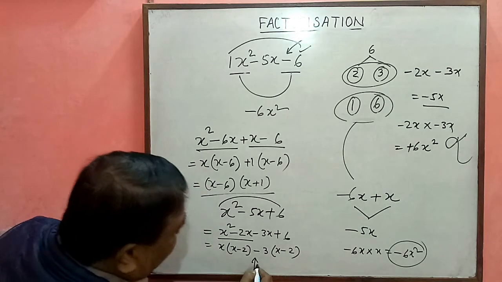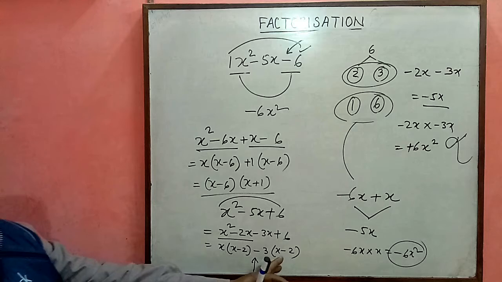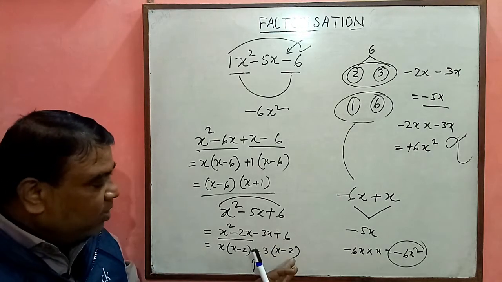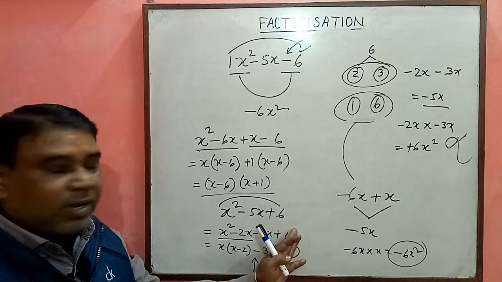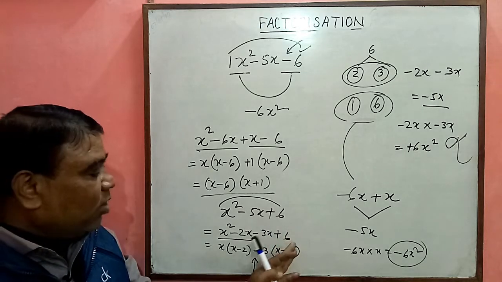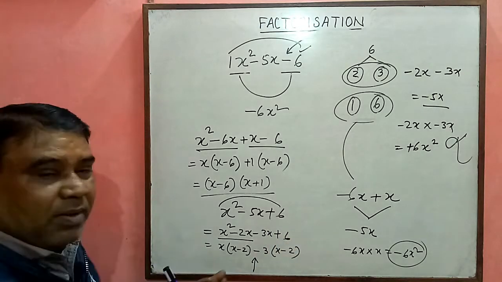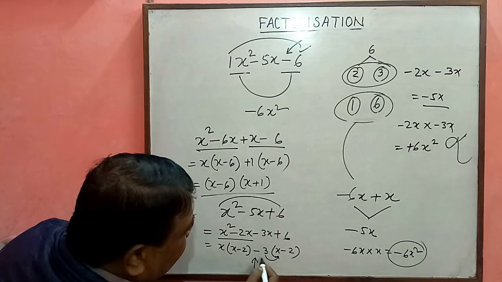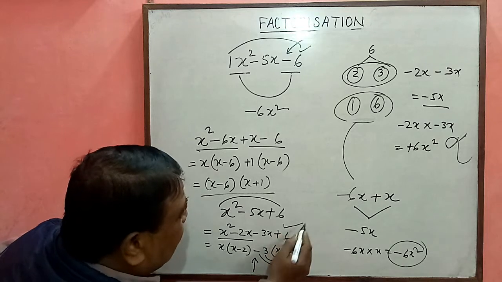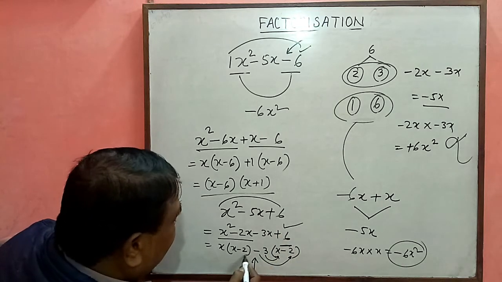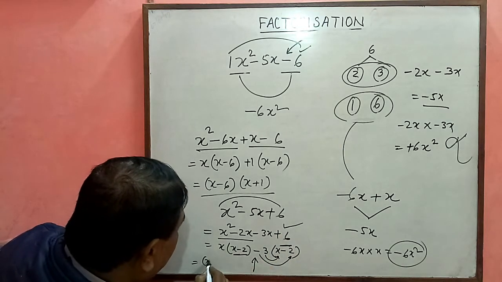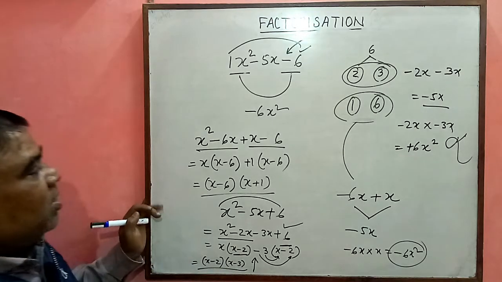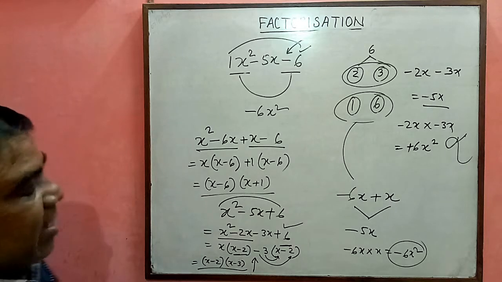Whenever we take common minus, inside the bracket you have to change the sign, because if you multiply, you will get back the same thing, since we cannot change the value of any problem. Like minus 3x, if I multiply, this minus will be plus, so this is all right. Here we have common x minus 2, so this is x minus 2 into x minus 3. This way we can factorize.